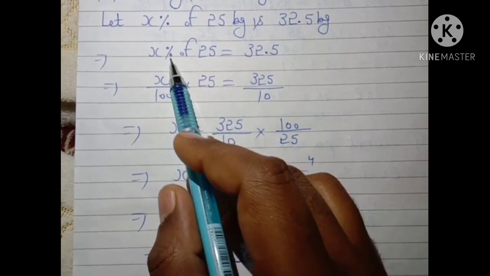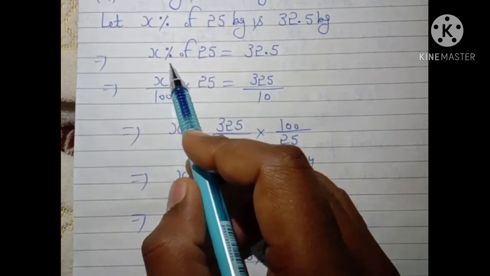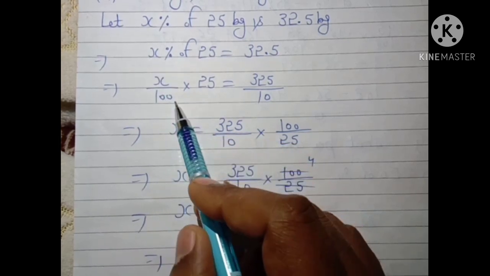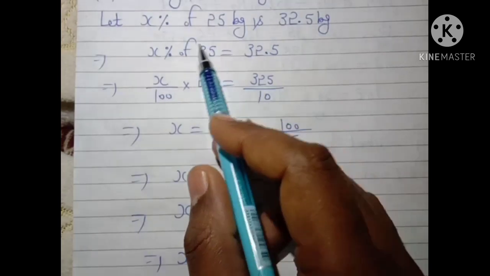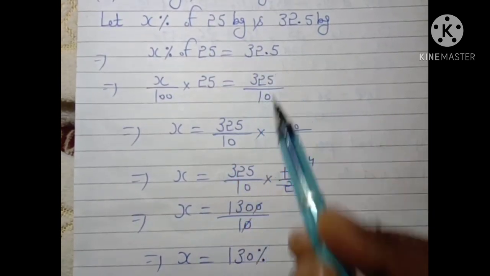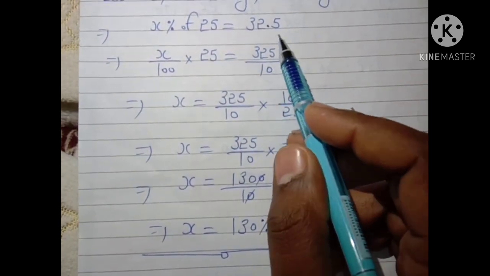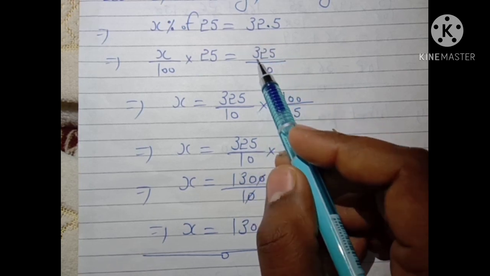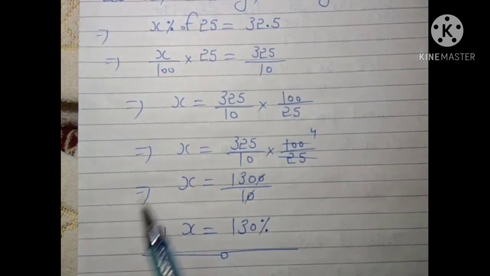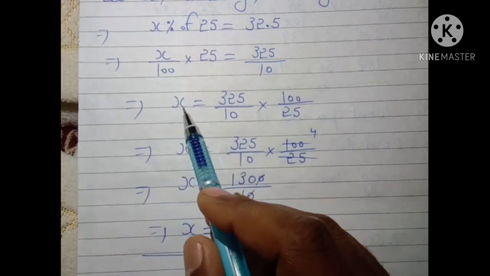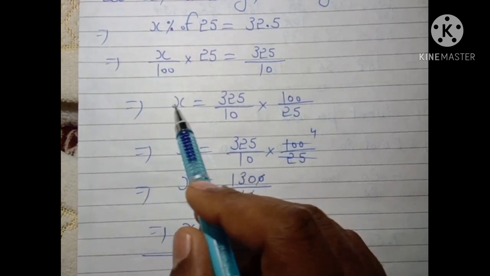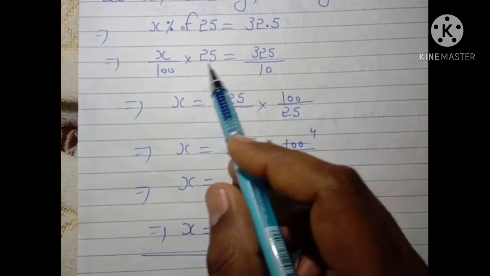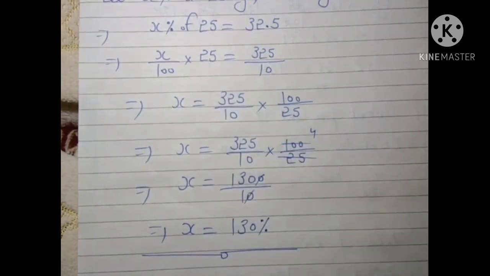x by 100 into 25, because we have to remove this percentage sign from here. So it will become x by 100 multiplied by this 25 is equal to this 32.5. Just remove the complexity, remove this decimal from here, so it will become 325 over 10. Now x remains as it is on the left hand side, and after rearranging it will become 325 by 10 into 100 over 25.